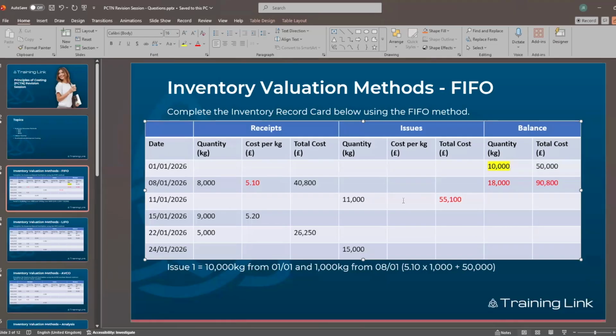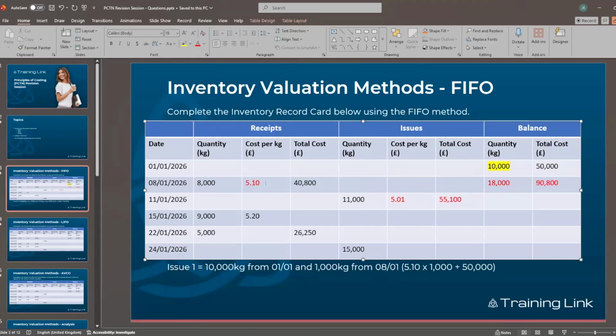Then at this point, we work out the cost per kilogram. The first thing we do is work out the total cost, and then we work out the cost per kilogram for the issue by taking the total cost divided by the quantity of the issue. So 55,100 divided by 11,000 gives us 5.01. That makes sense, because the unit cost for the opening balance, 50,000 divided by 10,000, is £5 per kilogram.